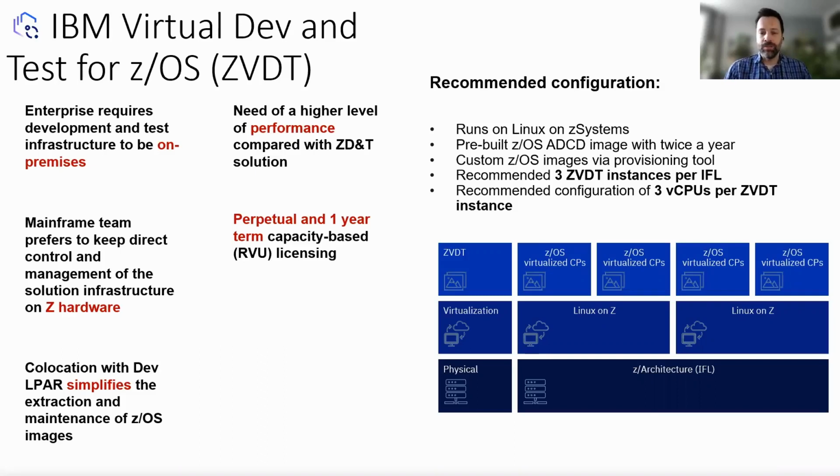So Java workloads on the emulated environments, both ZD&T and Sandbox, are relatively slow, whereas on ZVDT, running on Z hardware, you don't suffer that same performance problem. That's the main difference between the 2.